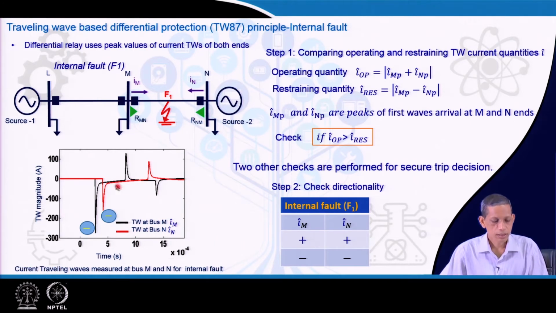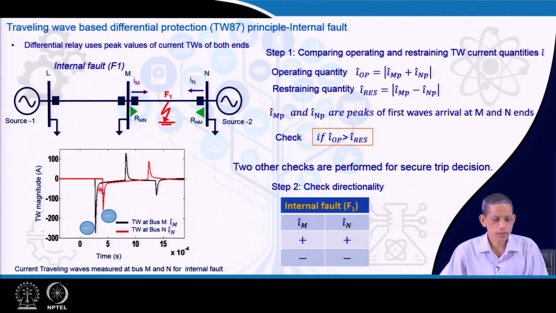And then this first wave is of concern, and the subsequent waves we are not considering here. Note that because of attenuation, the signal strength dies down, and at later stages the relay may not be able to distinguish them because of noise and other factors.